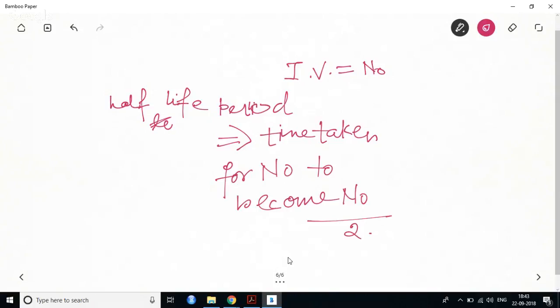Now let me take a question for you. The question is: if 7/8 of the initial mass of a radioactive substance decays in 15 days, what is the half-life period of the radioactive substance? I will again read the question. This is from your Pearson book, the first question in the concept of half-life period.